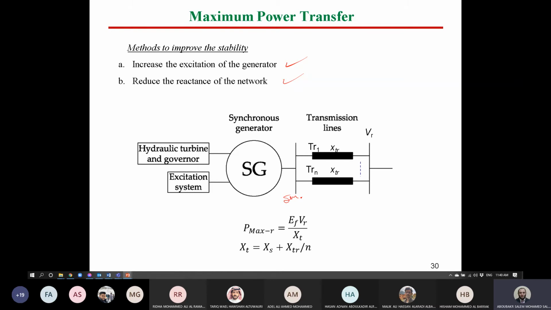If you have only one supply for a system, this system is called unreliable. However, if you have another source as standby, and if the first source fails, the second source will supply. This is called a reliable system.